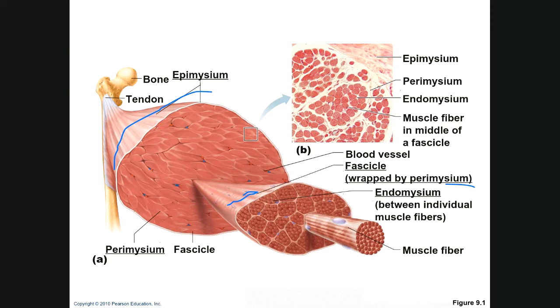And then within that, we have our sarcolemma, and then within that, we're going to have our myofibrils. Now, all this connective tissue, at this level, at this level, at this level, joins together. They go the length of the entire muscle, and they join together to form the tendon to make that muscle strong.